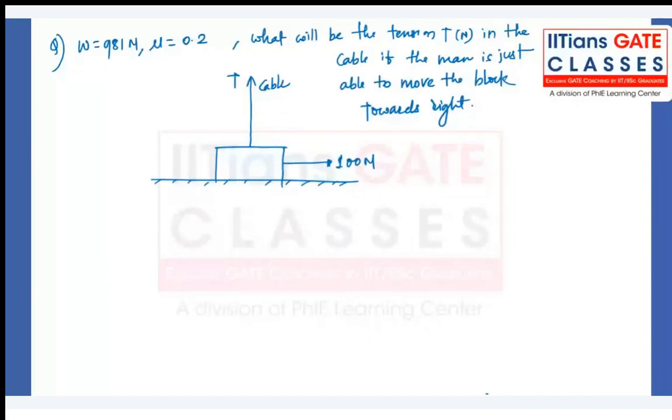Because the friction force will be mu into N. So 981 into... so assume that you don't have cable for the time being, just to explain you this concept in more detail. Assume that you don't have the cable here, so only we have one force acting towards right hand side in order to move the block.